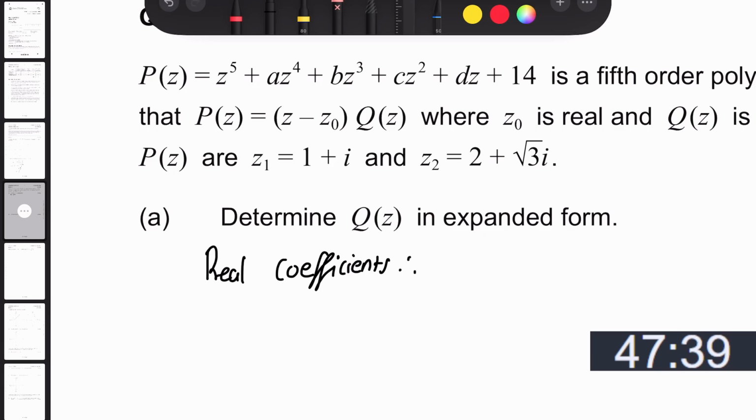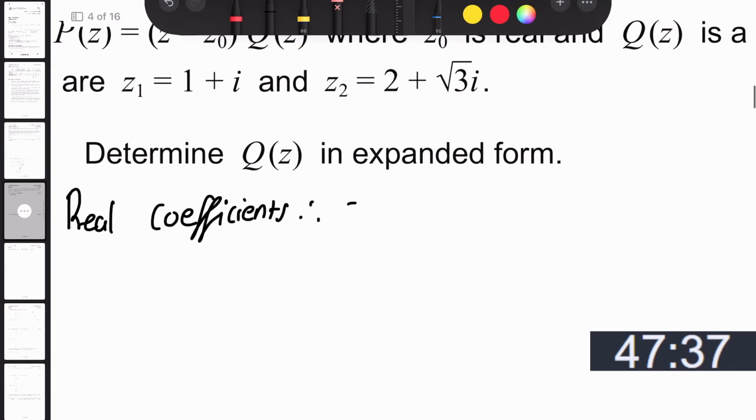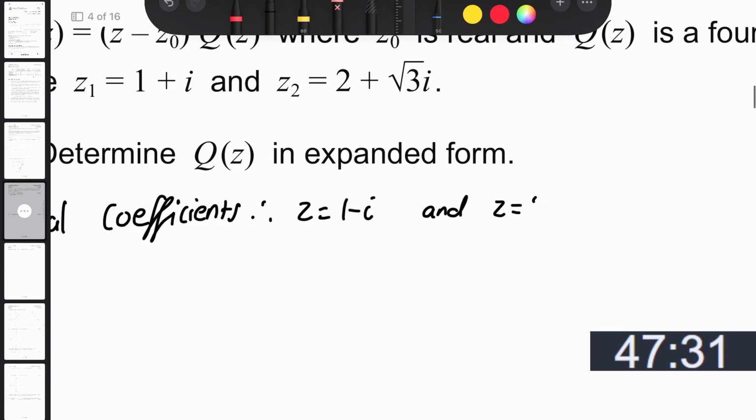therefore we have that z equals 1 minus i and z equals 2 minus square root of 3 i are also roots.